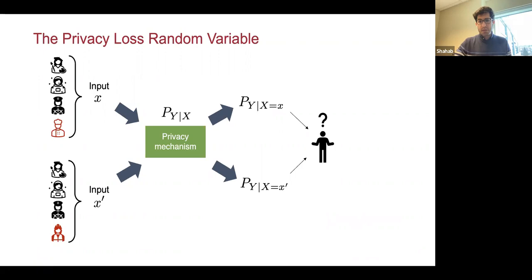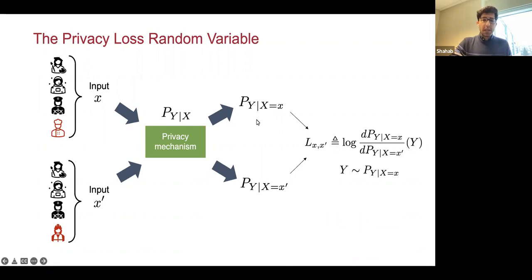the privacy loss random variable. So let me define the privacy loss random variable. This is the setting that we had in the previous slide. We can look at the log likelihood ratio of the output distributions: the log of the first distribution divided by the second distribution, evaluated at this random variable y, which is distributed according to the first distribution.